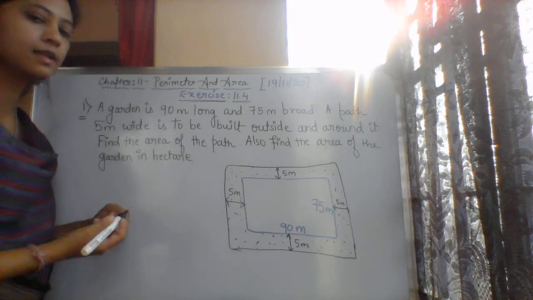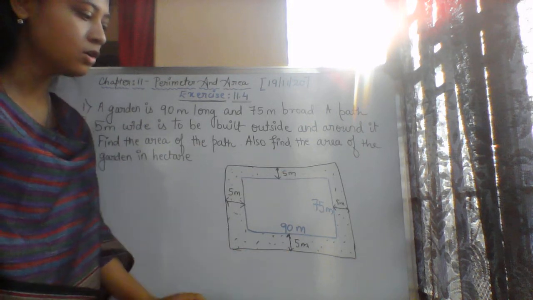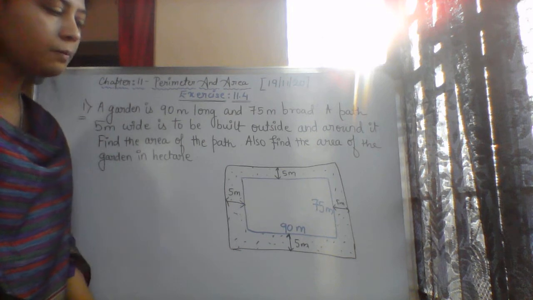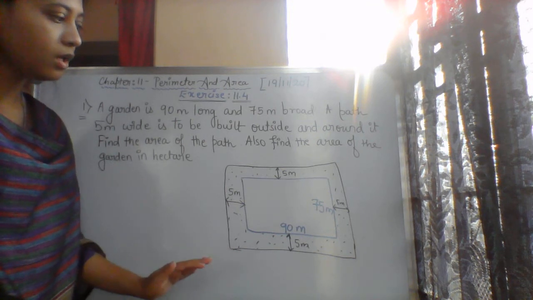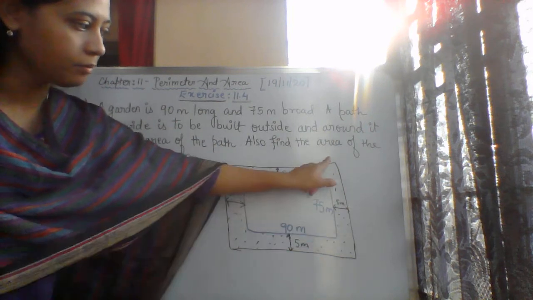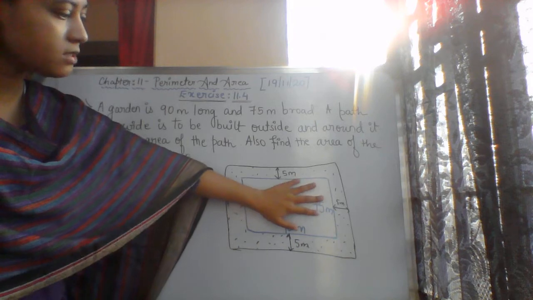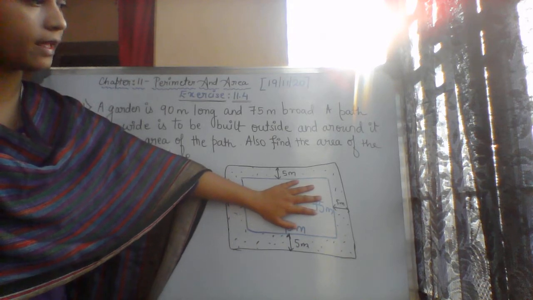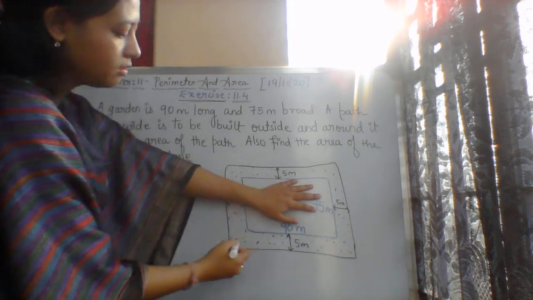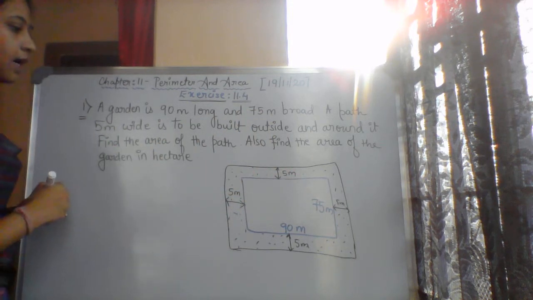We have done already this type of question. So to get the area of the path, we need to calculate the total area. Total area, bigger rectangle, total area we will find. Then we will subtract the inner rectangle area. So you see, we will get the area of the path around the garden.